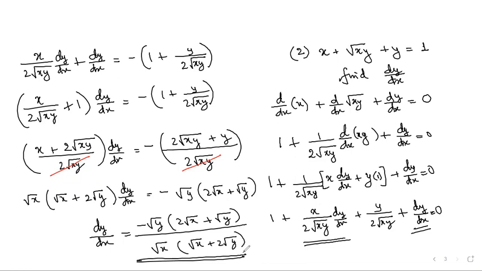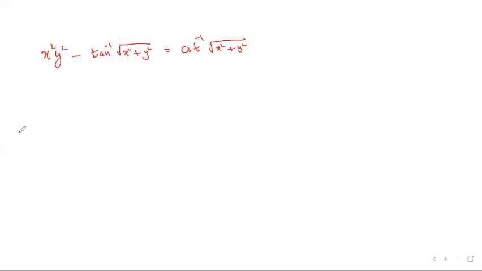That becomes your answer. I hope you understood this taking common. x is nothing but root x into root x, so root x is taken as common. Find dy by dx.